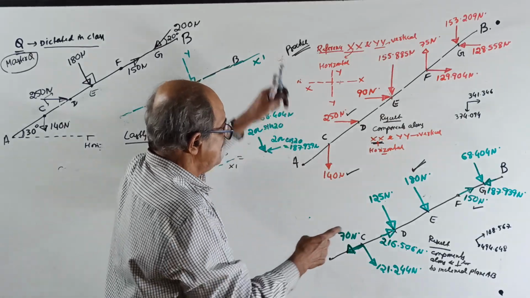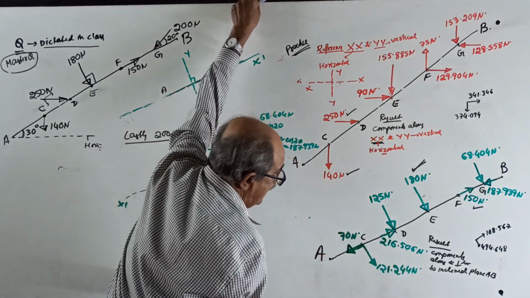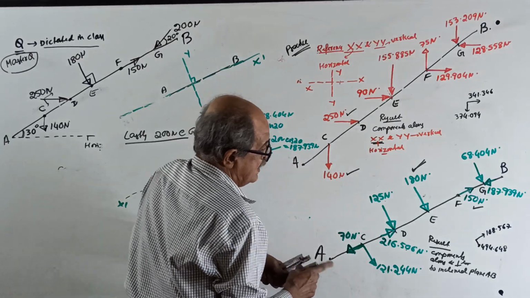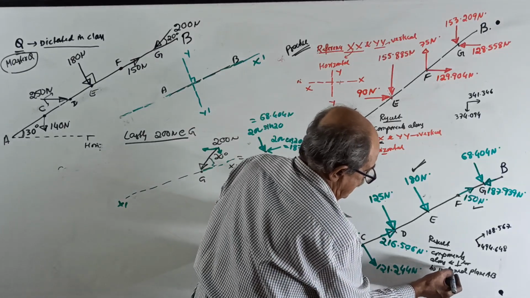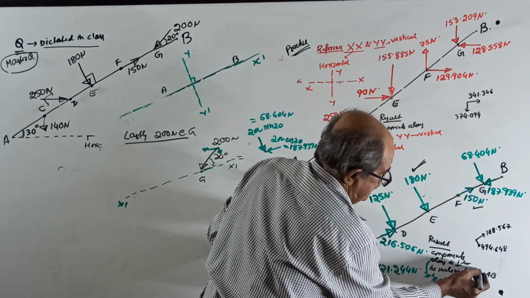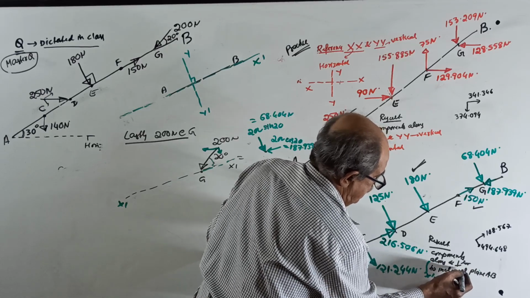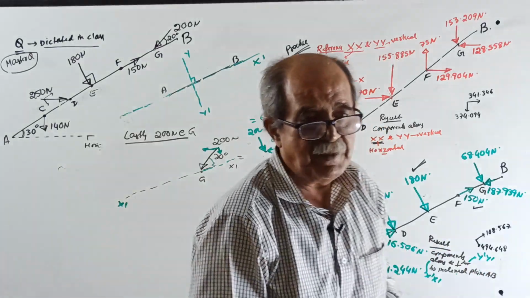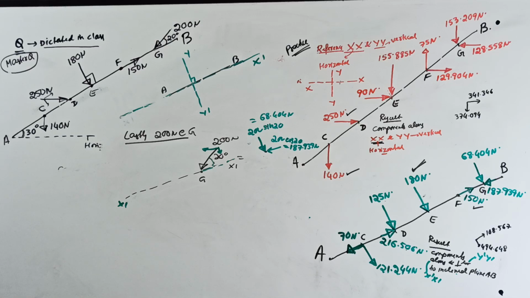So this is the result for components along the inclined plane. Along is x dash, perpendicular is y dash. You can make a note. Check the camera first. Hope it is not outside. Not outside. Okay.